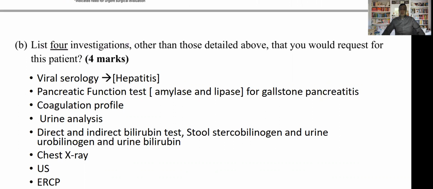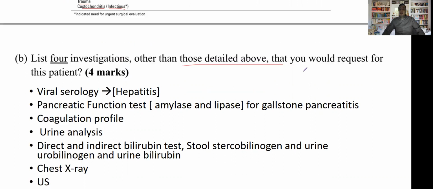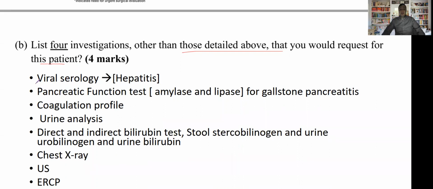List 4 investigations other than those detailed above that you would request for this patient. So I would think about the differential diagnosis. One of the differential diagnoses is hepatitis.